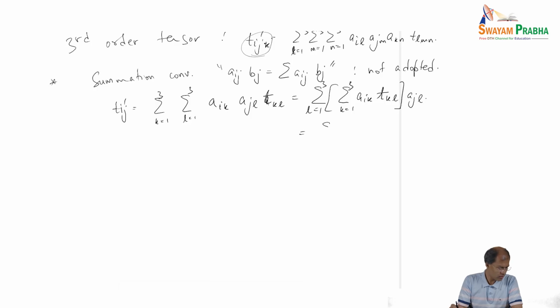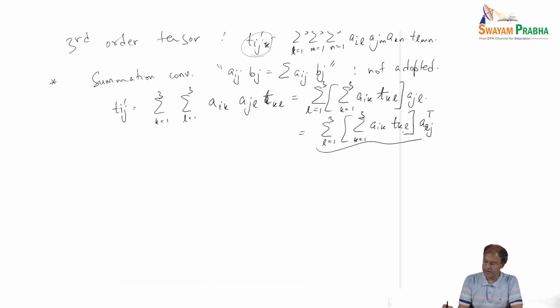And then this is also equal to summation l from 1 to 3, summation k from 1 to 3, aik, tkl, and then from l we switch this notation to alj, but this is transpose now.